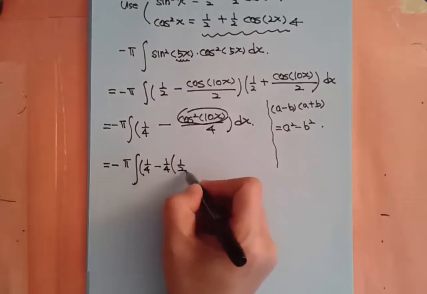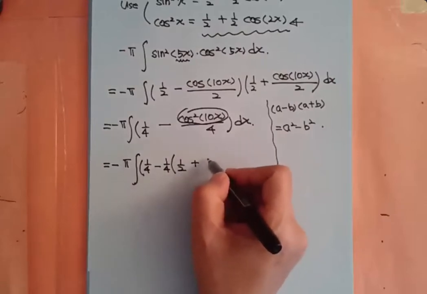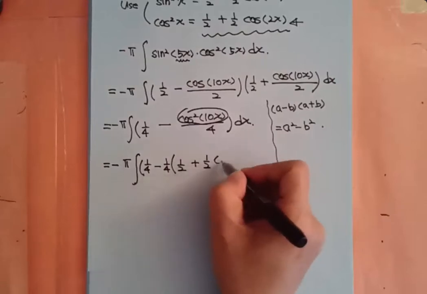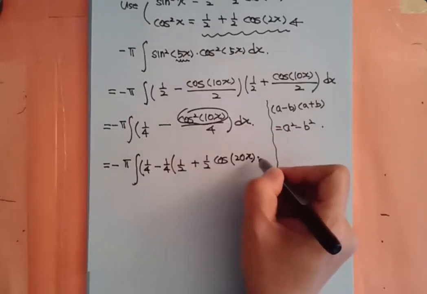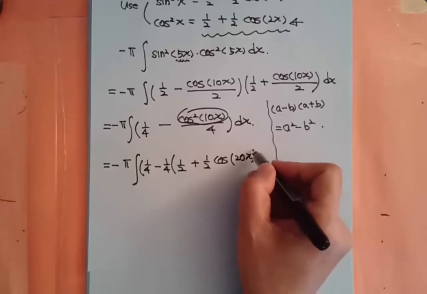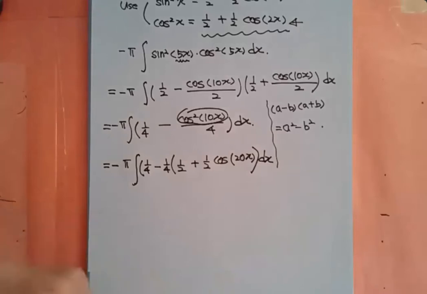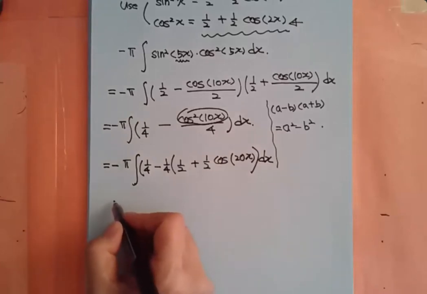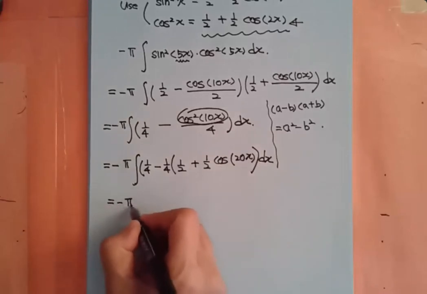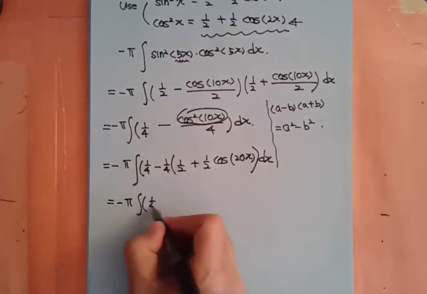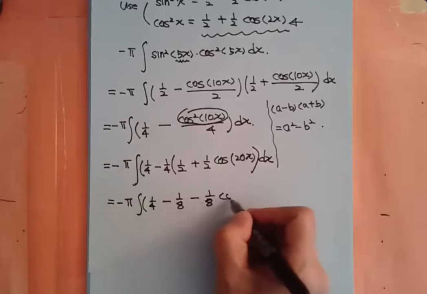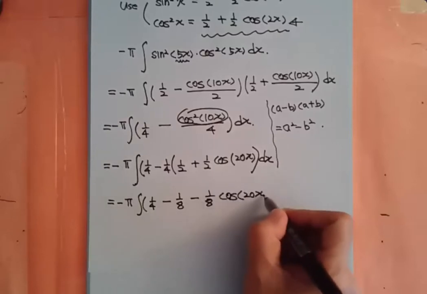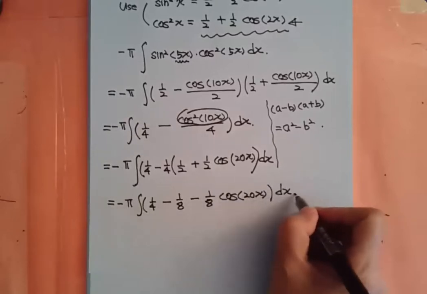So that is 1 over 2 plus 1 over 2 cosine of the double angle of this one, which is 20x, dx. So that is minus pi integral of 1/4 minus 1 over 8 minus 1 over 8 cosine of 20x dx.